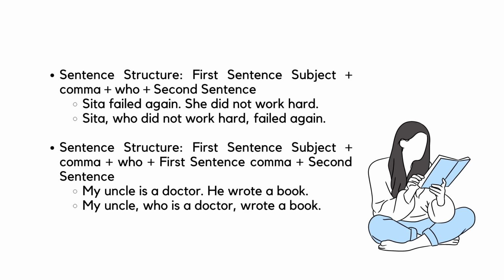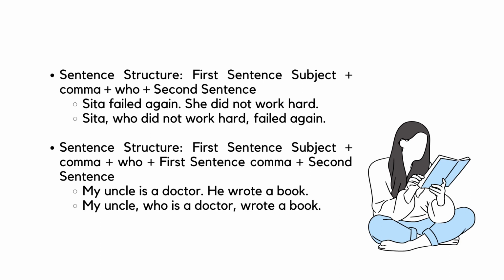Here, the first sentence subject, my uncle, is written first. Then, there is a comma after that. Following that, we have written who. Then, we wrote the first sentence is a doctor, and finally we have written the remaining part of the second statement after a comma. This is how we use who as a connector.